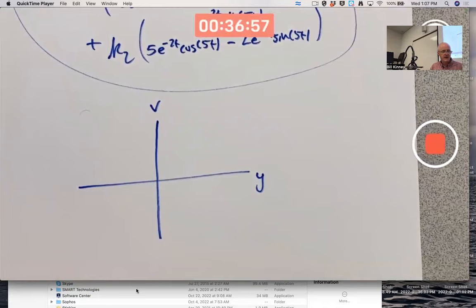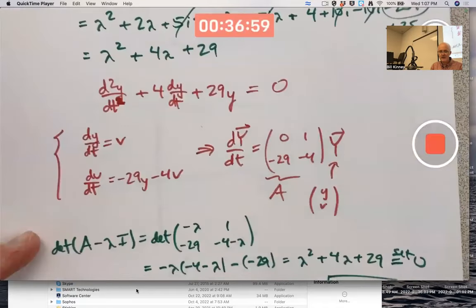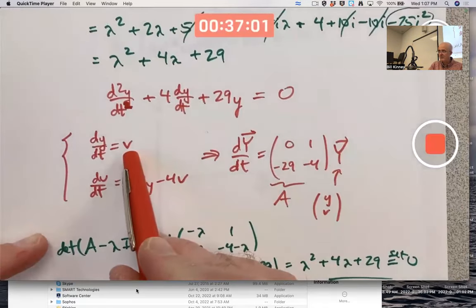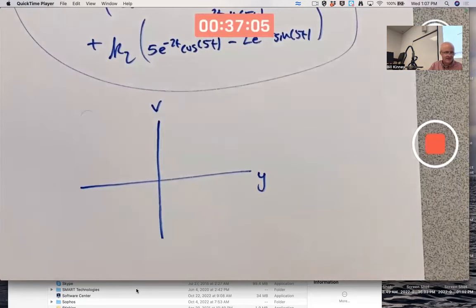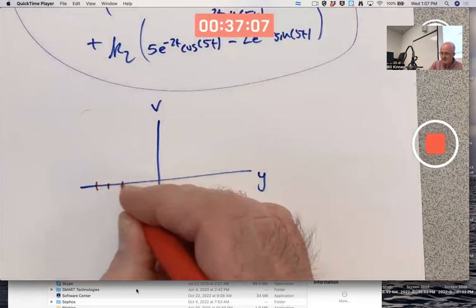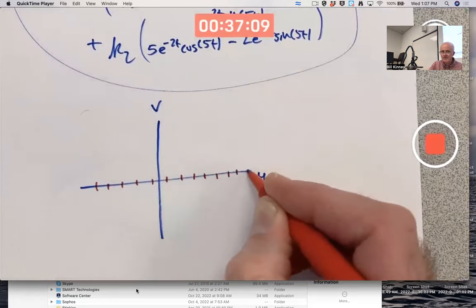If I want to think also about nullclines, the y nullcline is where v is 0, which is the y-axis, horizontal axis in this case. That's the y nullcline. You cross that with vertical tangents.